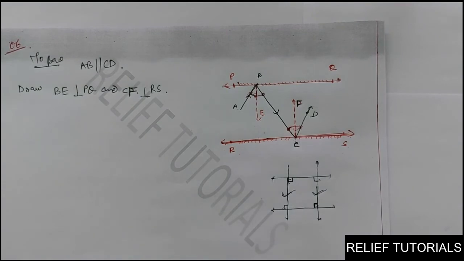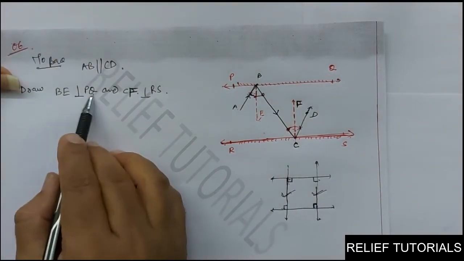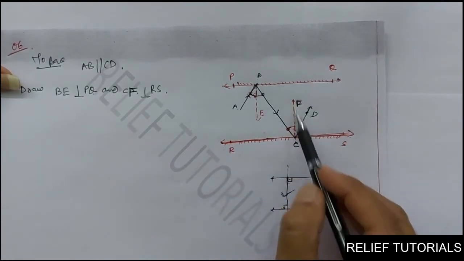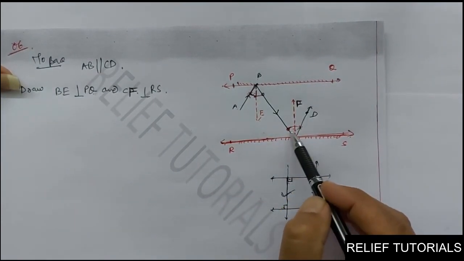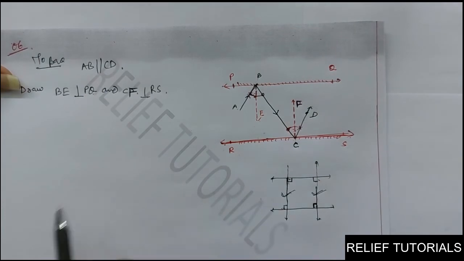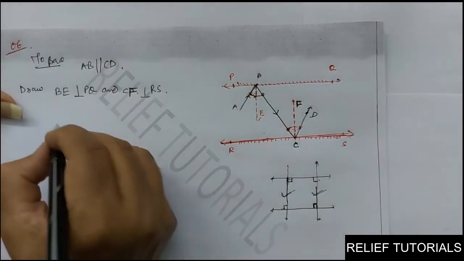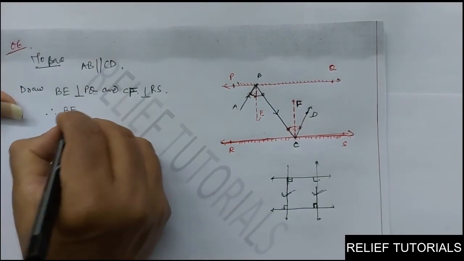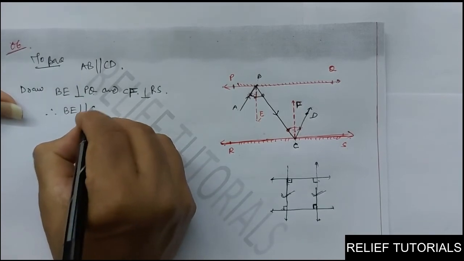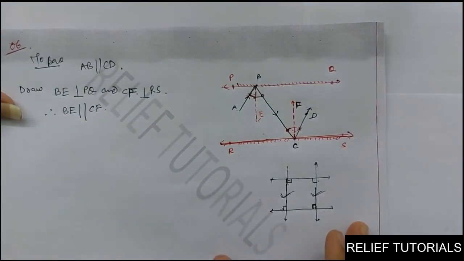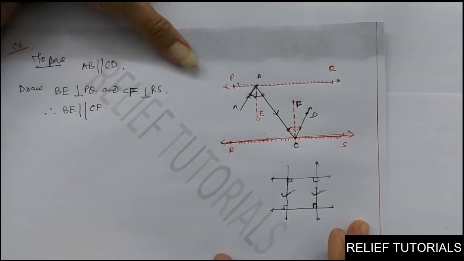Now, B is perpendicular to PQ and CF is perpendicular to RS. So we can say these two lines B and CF are parallel. Therefore B is parallel to CF. Have you got it, friends? See, a very simple fact here.